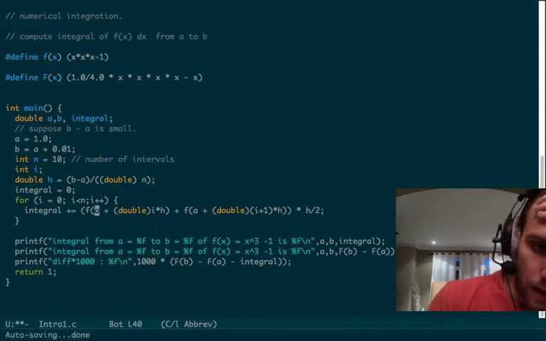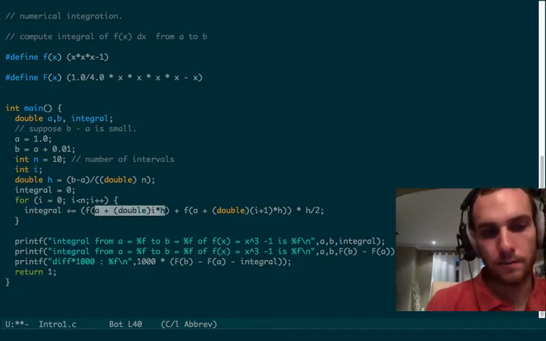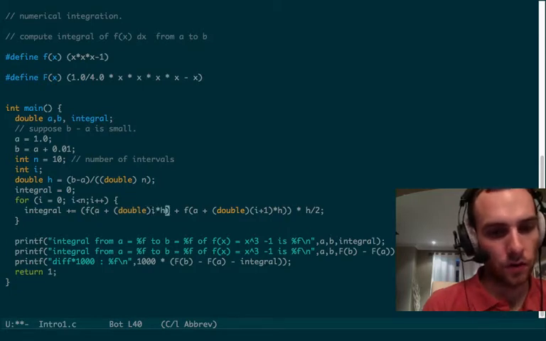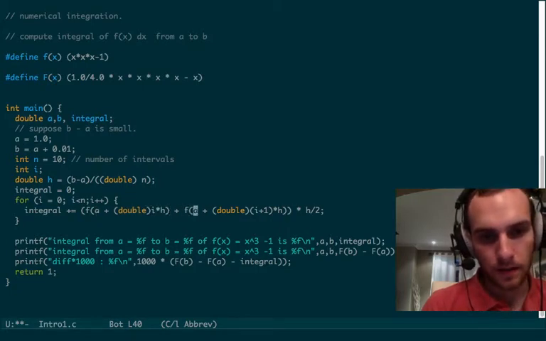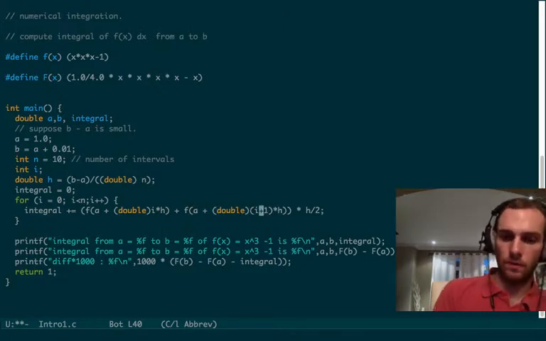Say f when i is equal to 1, this thing would be when i is equal to 1, it's the same, but with i equals 2.